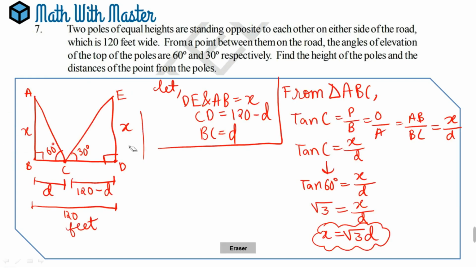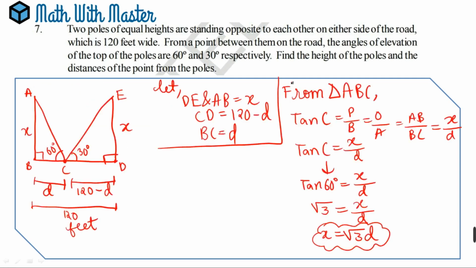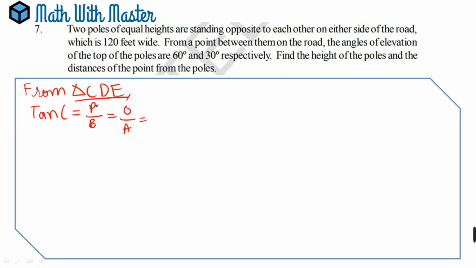So if we find X, we can find the other factors easily. So from triangle CDE, we have to once again take tan C, but this is also equal to perpendicular upon base or opposite upon adjacent. But here it was about triangle ABC. This is about triangle CDE.